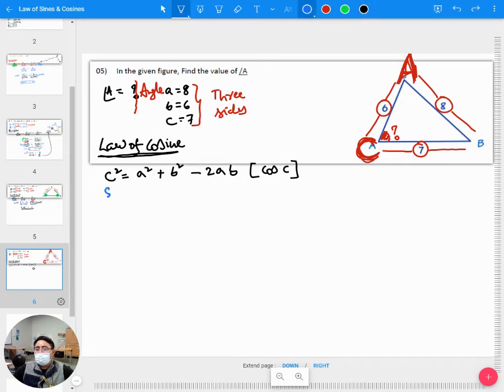So I have to take 8 square equals, A means the side opposite to angle A, which is 7 square, plus b square means the side opposite to angle B, that is 6 square, minus 2 times a times b, and cos c means here the angle is missing, cos c. 8 square gives me 64, 7 square gives me 49, plus 6 square is 36, 2 times 7, 14, 14 times 6, it's 84 times cos c.